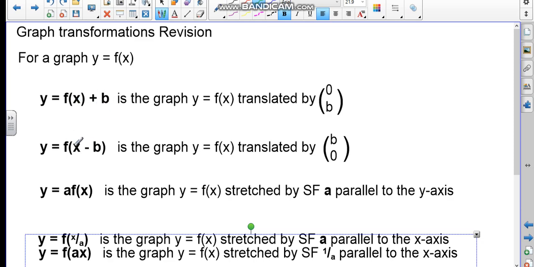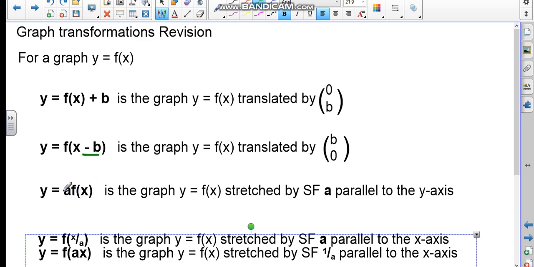This one, f(x minus b): when b is within the brackets as part of the function, it's still a translation, but it's to the right or left. Now this is minus b here, so this is a translation (b, 0), so it's b to the right. So taking away b from x translates the graph to the right.